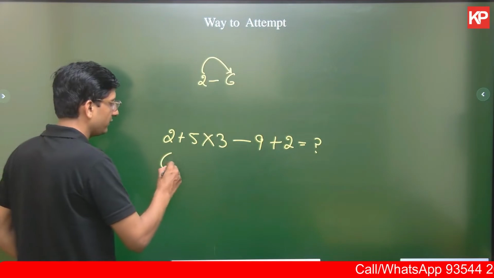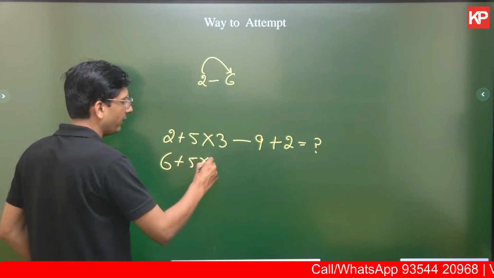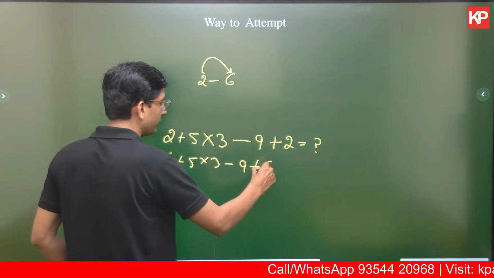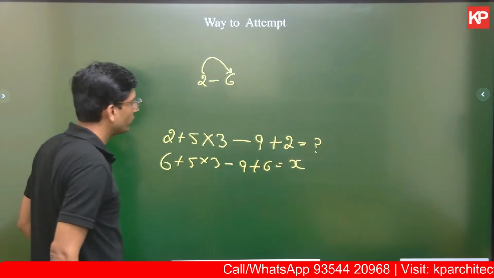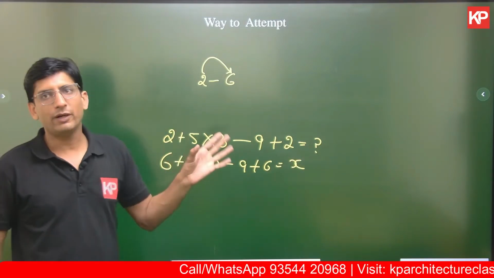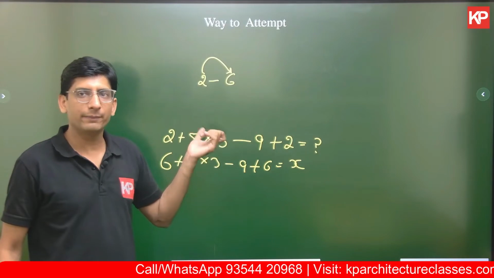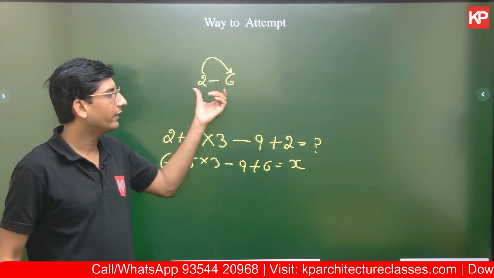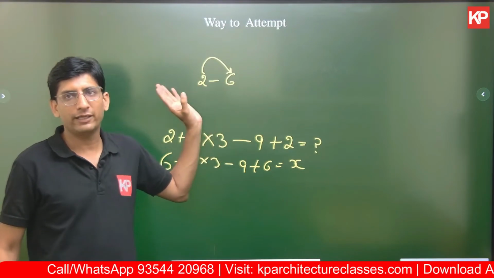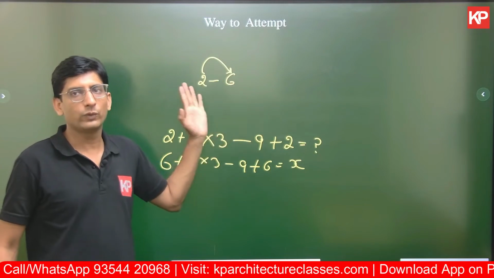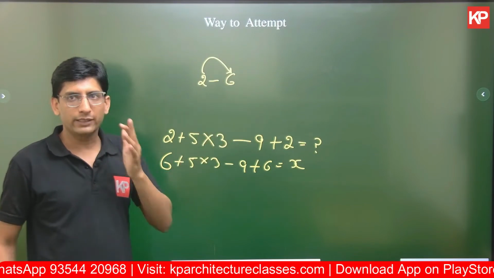So it will become 6 plus 5 multiply by 3 minus 9 plus 6 is equal to x. So in some questions we replace symbols, and in some we even have to replace numbers, like replace 2 with 4 and 4 with 2, and then find the correct option.